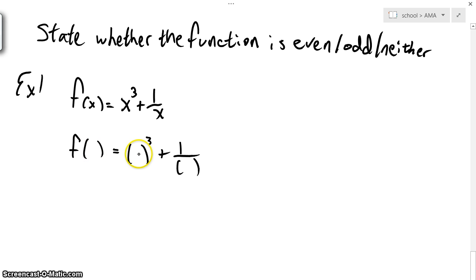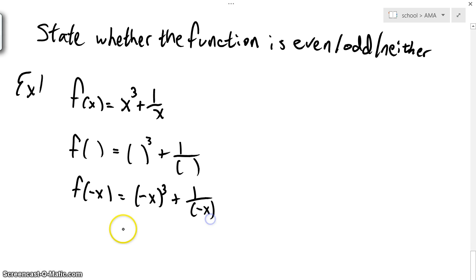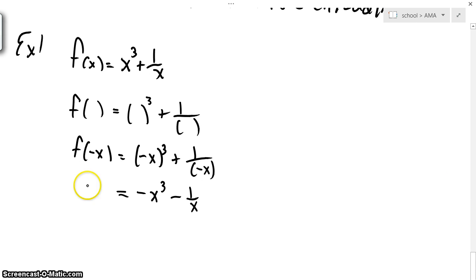F of a blank would equal a blank cubed plus 1 over a blank, meaning f of the opposite of x. Well, let's see what we get. Here's opposite of x cubed plus 1 over the opposite of x. Well, opposite of x cubed, we could say that's just going to be the opposite of x cubed. Opposite of x down here, you have a negative, but dividing by a negative, we very well could just factor that out. And we would see this to be the case.